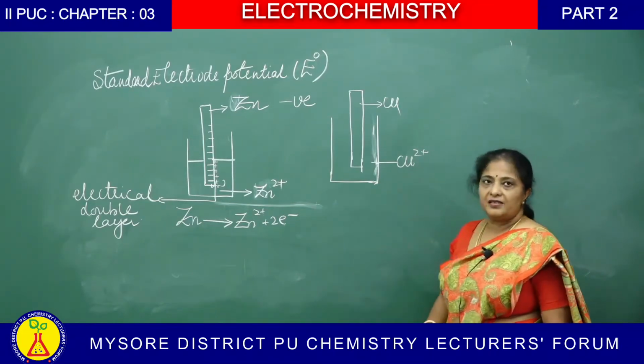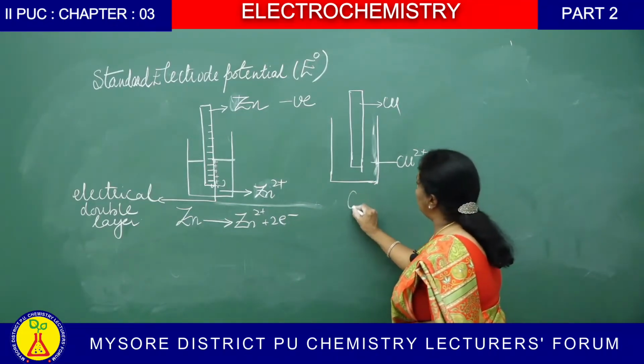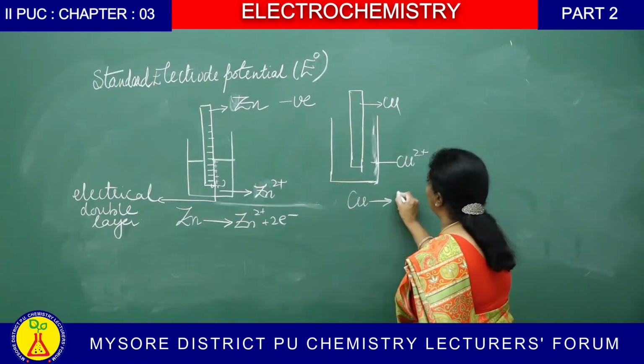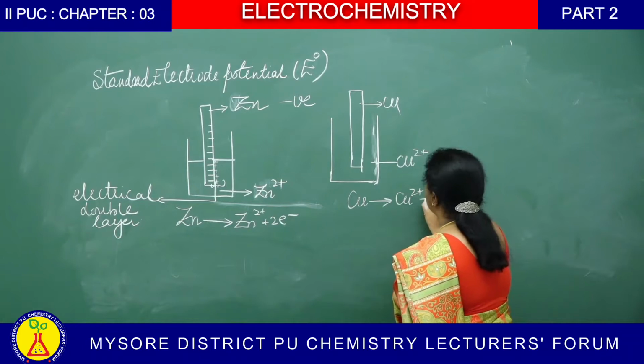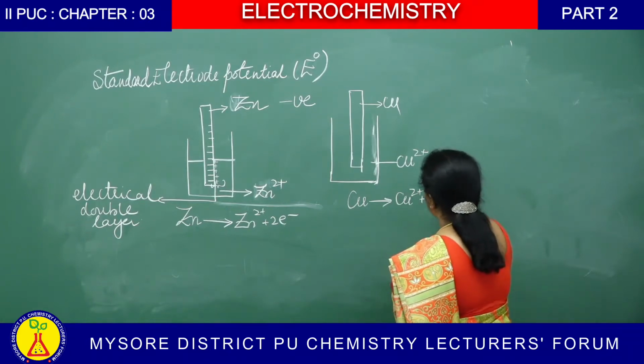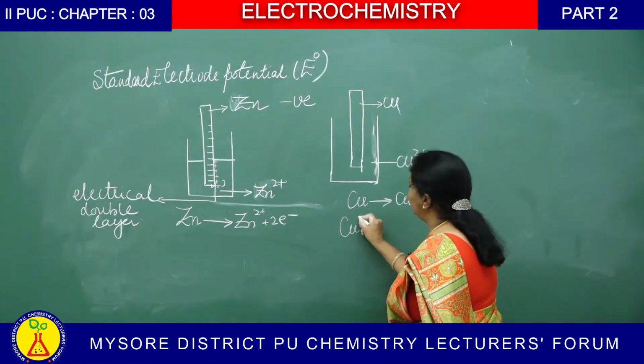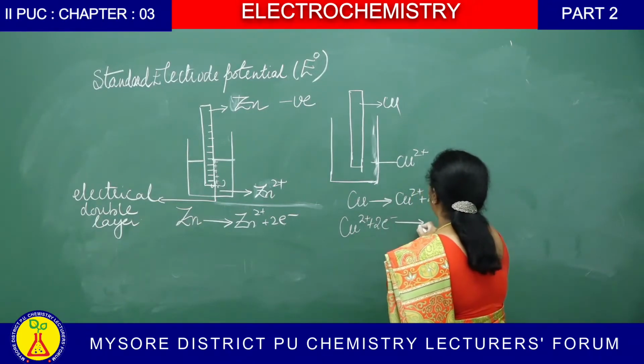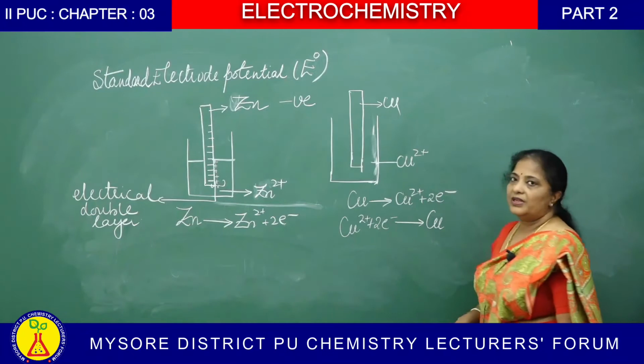Even in this case, due to the solution pressure, Cu will go into solution as Cu2+ + 2e-, and due to osmotic pressure, Cu2+ + 2e- can get converted to Cu.